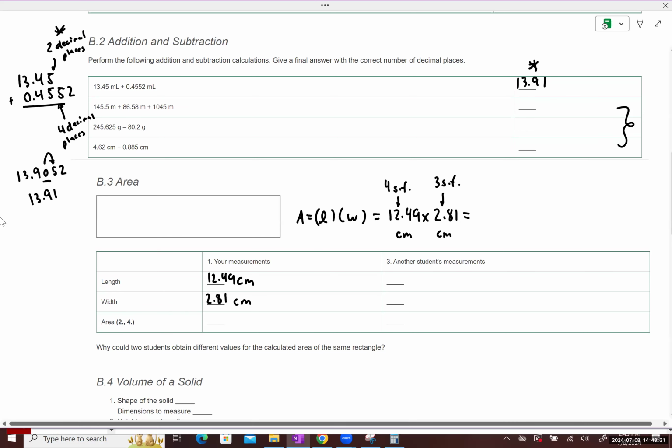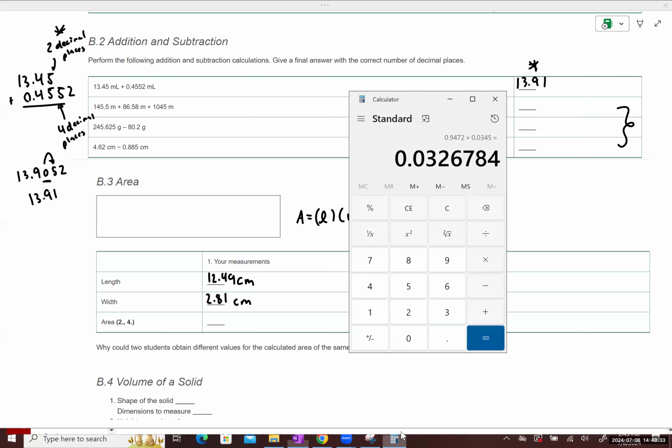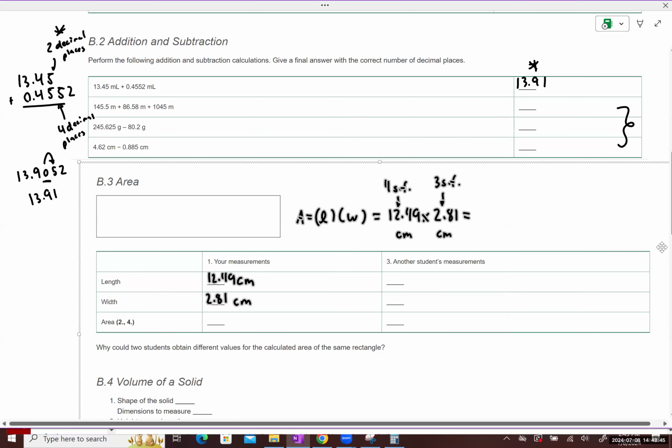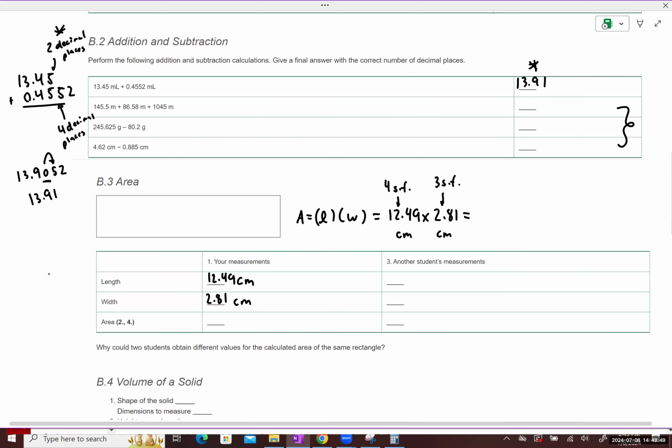Multiplying these numbers together, we're going to get a raw number value. So 12.49 times 2.81, and that gives us 35.0969.